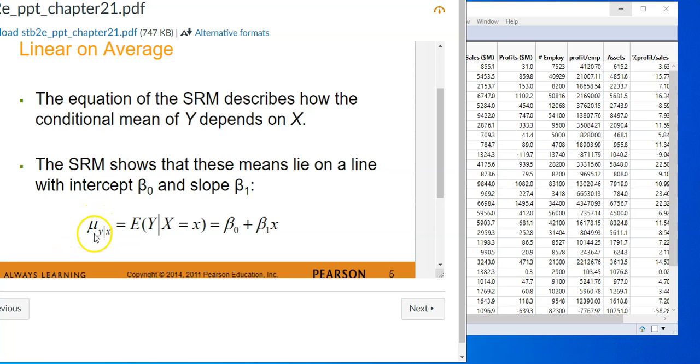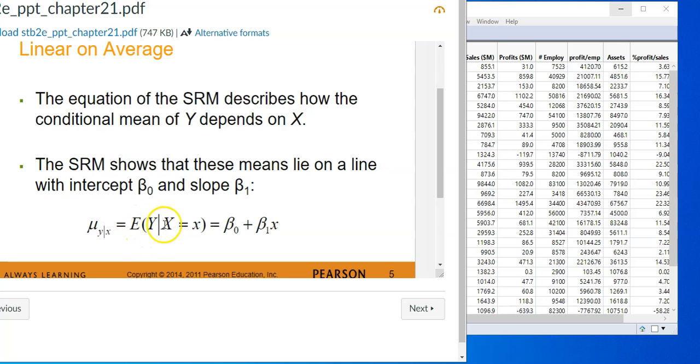So on average, we're calculating y for a given value of x. Average or estimation or mean of y values for a given value of x. Again, we are talking about estimation, right?